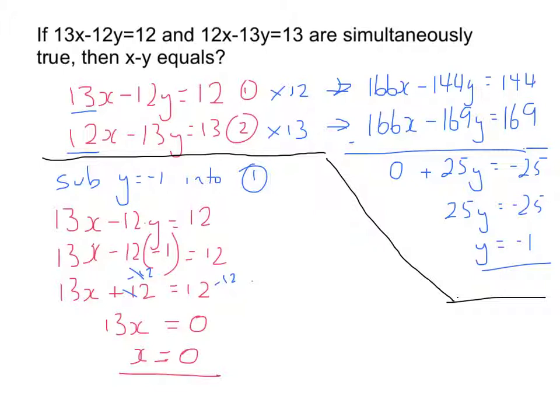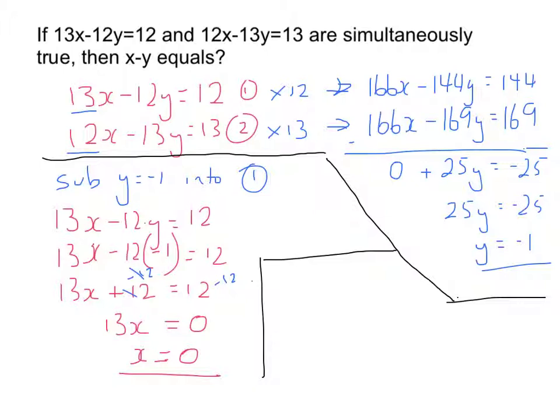And the question is asking if those two equations are simultaneously true, then what does x minus y equal? So I'm just going to have a little section in here, squeezing it in. In your books you should space it out a bit better than this.